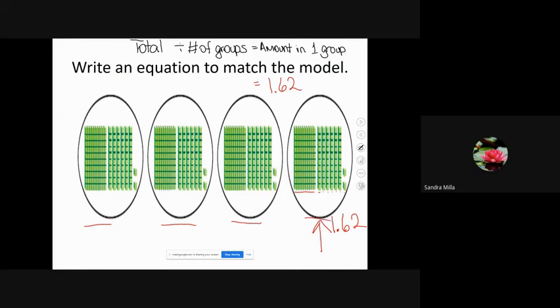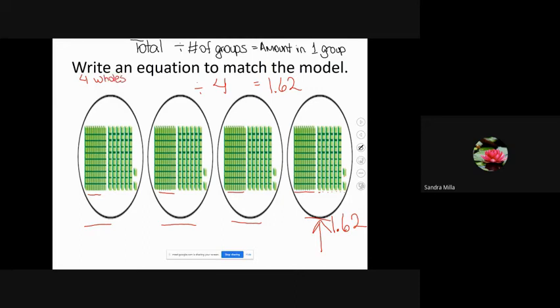I see 4 groups. Now I need to figure out the total. All you're going to do is figure out how many total base 10 blocks we have. So we have 1, 2, 3, 4 wholes. Now we broke apart earlier, and now we're putting them back together. We have 4 wholes.